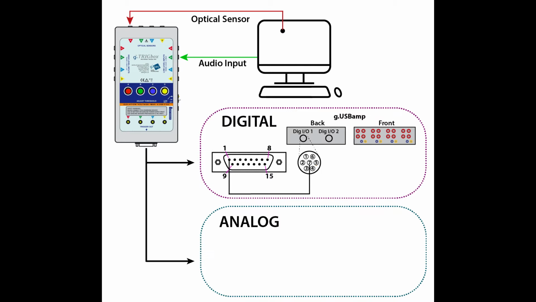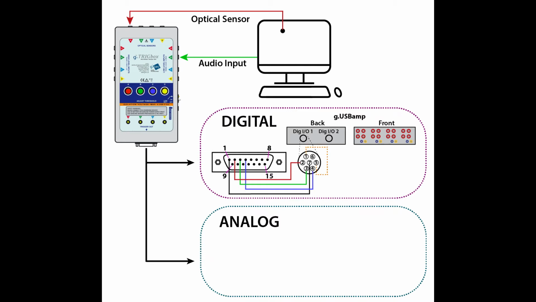Pin 1 of the trig box is connected to pin 7 of the GUSB amp digital input-output port. Pin 2 of the trig box is connected to pin 2 of the GUSB amp digital input-output port. This represents trig box input A. This pattern follows for pin 3 and trig box input B, and pin 4 is connected to trig box input C.